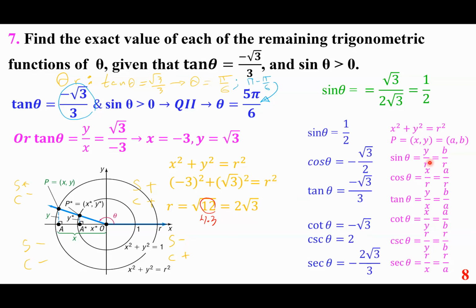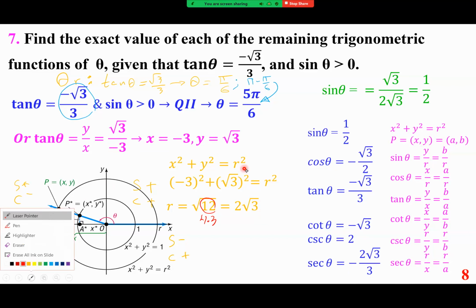And here's the rest of them. Now, in my opinion, when you have sine and cosine, everything else will fall into place. And of course, cosine is x over r, right? X over r, and minus square root of 3 over 2. Remember, if I want to write this, you can rationalize it.